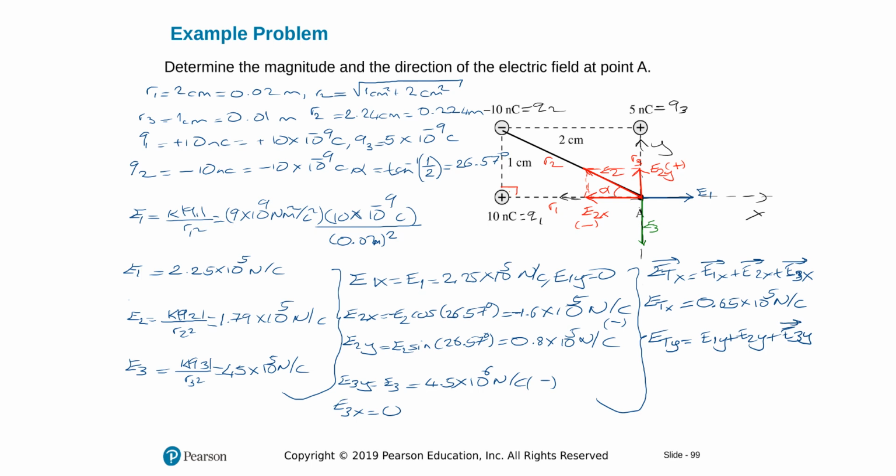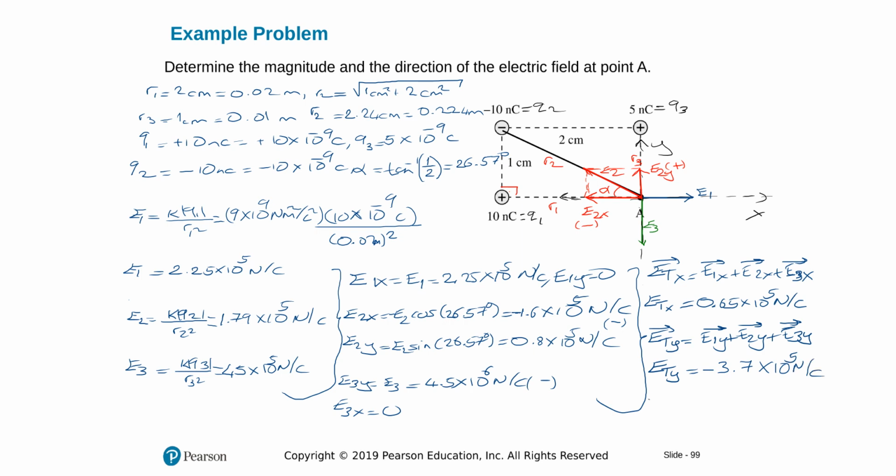E total y will be the addition of all y's, E1y plus E2y plus E3y, again as vectors, so plus and minus should be taken into account, and that should give us a value of minus 3.7 times 10 to the 5 Newton per coulomb.